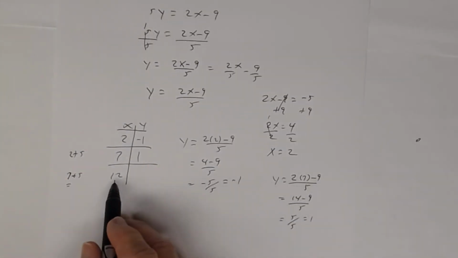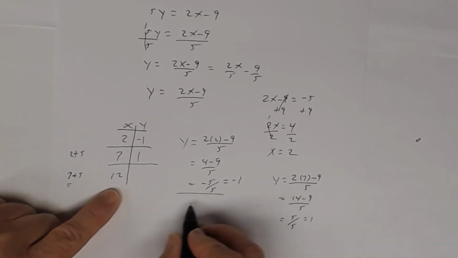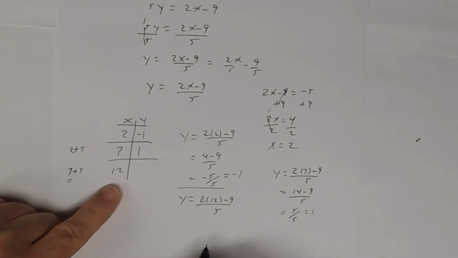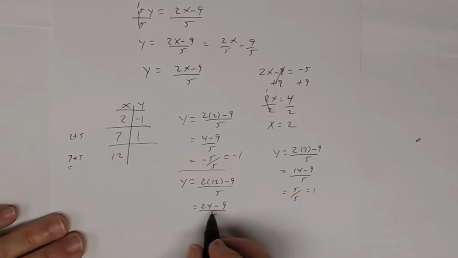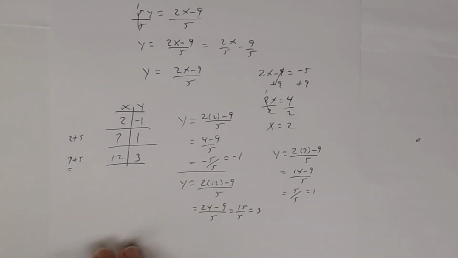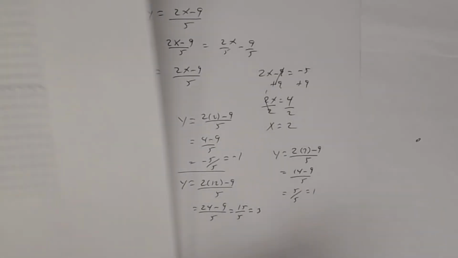So even though I chose 12, let's go ahead and actually find the y value. So I get y equals 2 times 12 minus 9 divided by 5. 2 times 12 is 24. 24 minus 9 divided by 5. 24 minus 9 is 15, and 15 divided by 5 is 3, right? So 12, 3.